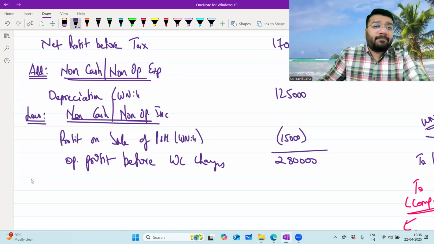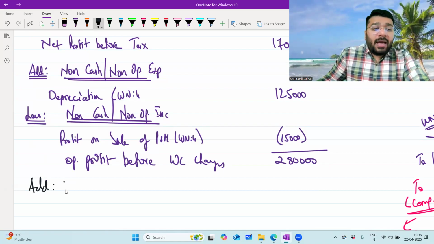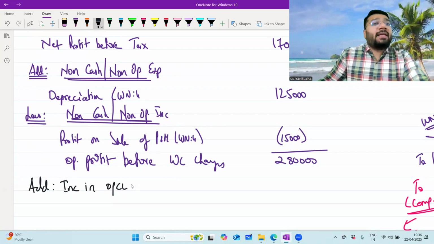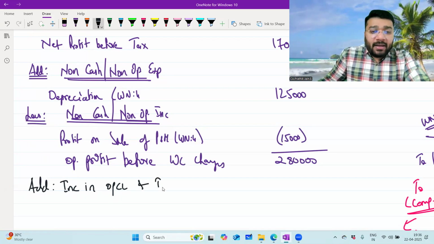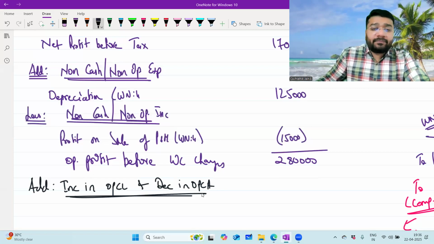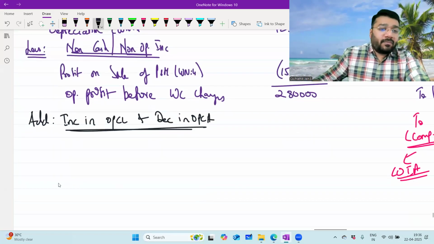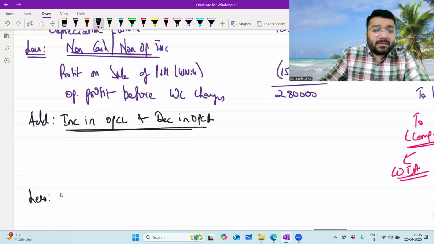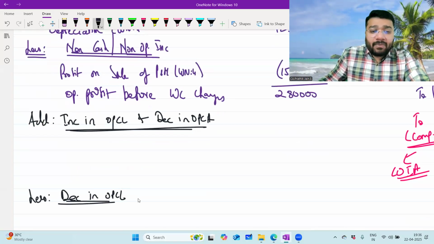Then add increase in operating current liability. Don't write operating there, just for knowledge purpose I'm writing. And decrease in operating current asset. Less: decrease in operating current liability and increase in operating current asset.